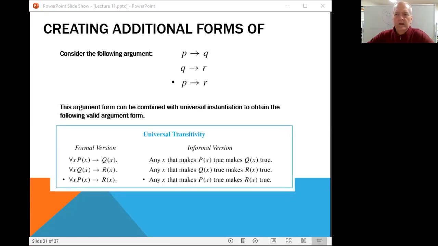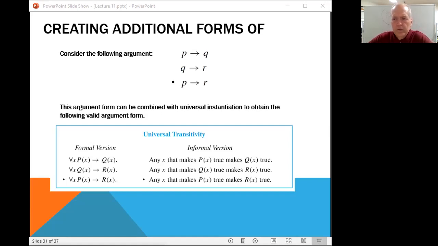Now, one of the common forms that we run into is something we discussed, and that is transitivity. So we've got transitivity here.